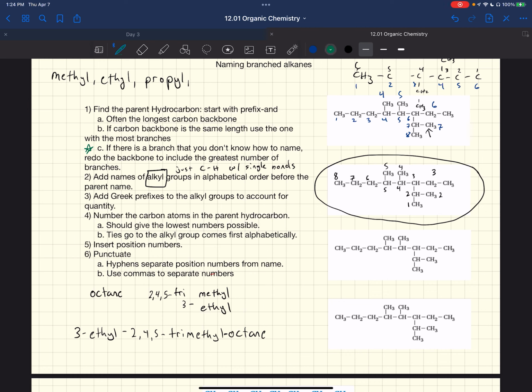You can put a dash between the trimethyl and the octane if you want to. You don't need it, and most places won't put it there. It's not super wrong if it is there. I'll accept it either way, but you don't need it. So this is 3-ethyl 2,4,5 trimethyl octane.